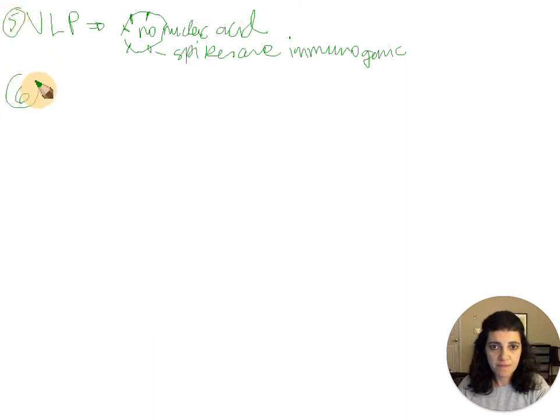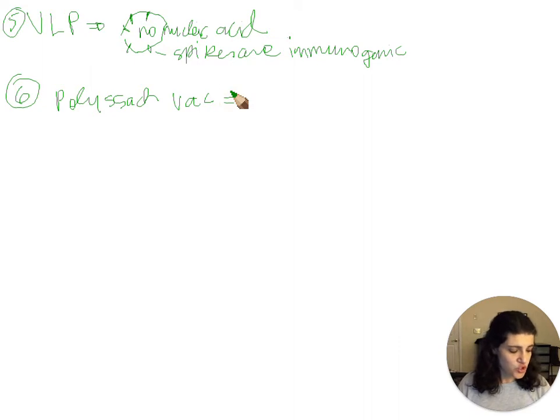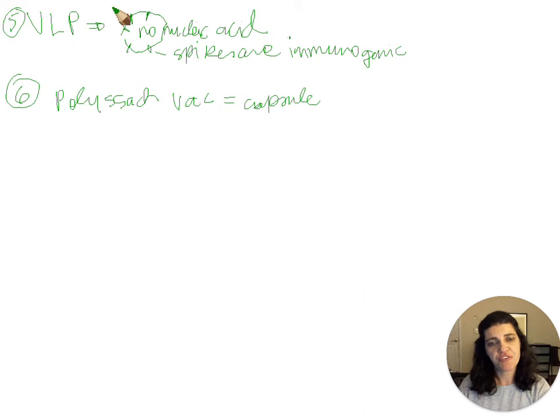Number 6, we would have the polysaccharide vaccines. What is a polysaccharide vaccine? Sometimes sugars from the capsule are immunogenic. Examples here, I didn't tell you. An example for VLP is the papillomavirus vaccine.